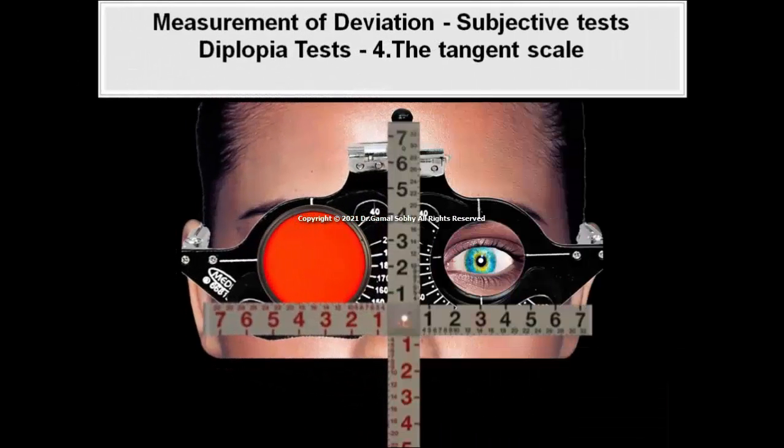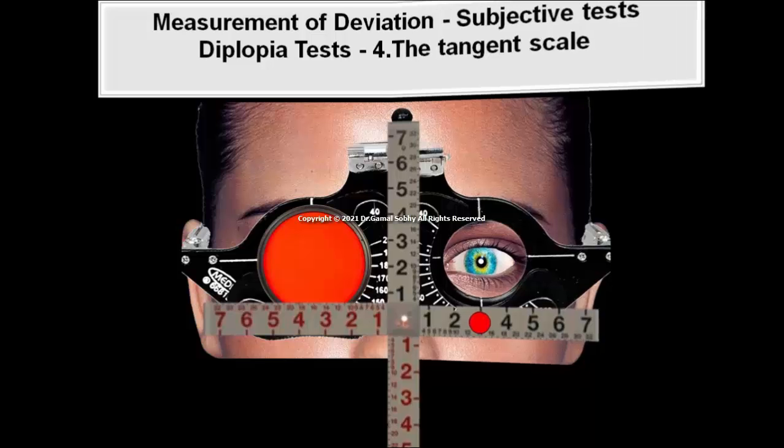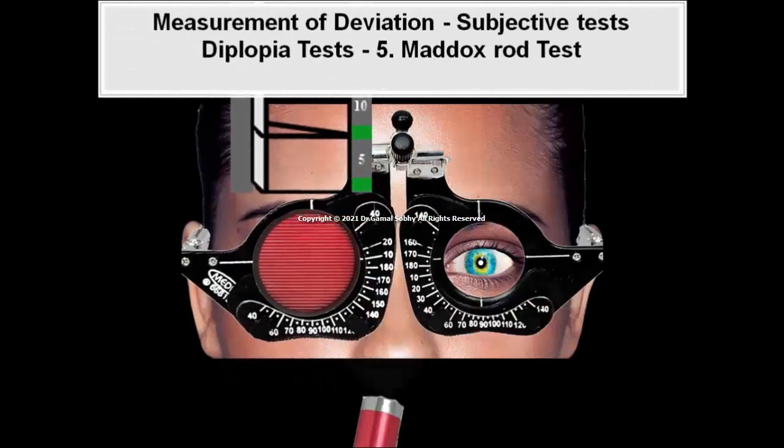The tangent scale. It is a special scale with a fixation light in its center. The patient wears a red glass in front of one eye and indicates the position of the red light on the scale, which is the amount of the deviation. Maddox rod test.